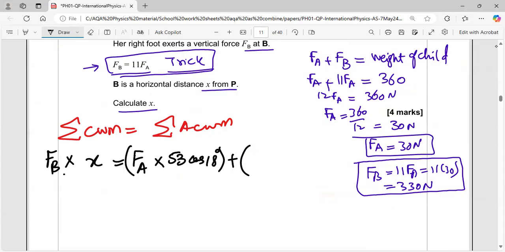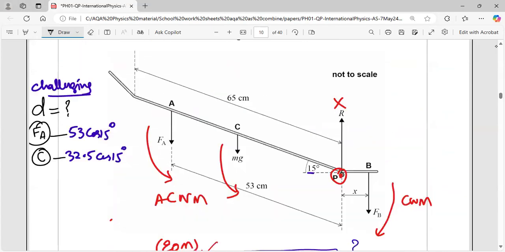And then for the other one is the weight of the skateboard, because its mass was 4.8 kg, and then its weight was 47 Newton. So 47 into 32.5 cos 18. These two values we have just calculated over there.